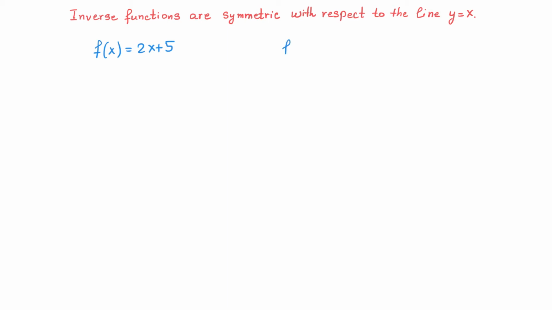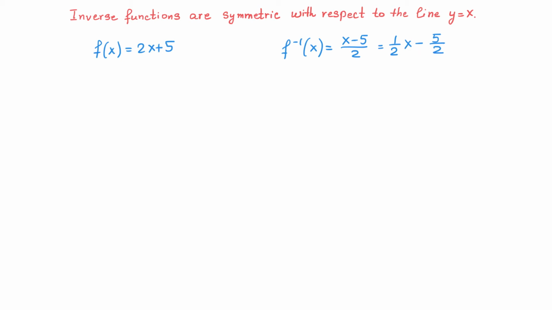The inverse function was f inverse of x equals x minus 5 over 2. We can also rewrite that as 1 over 2 x minus 5 over 2. Now we can clearly see that the slope is 1/2 and the y-intercept is negative 5 over 2.